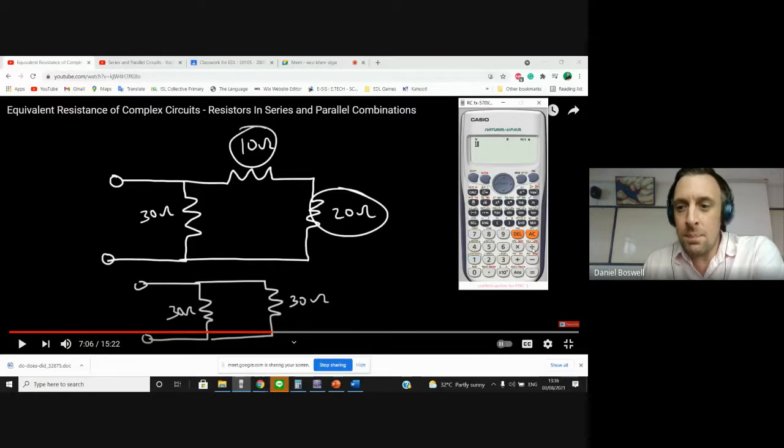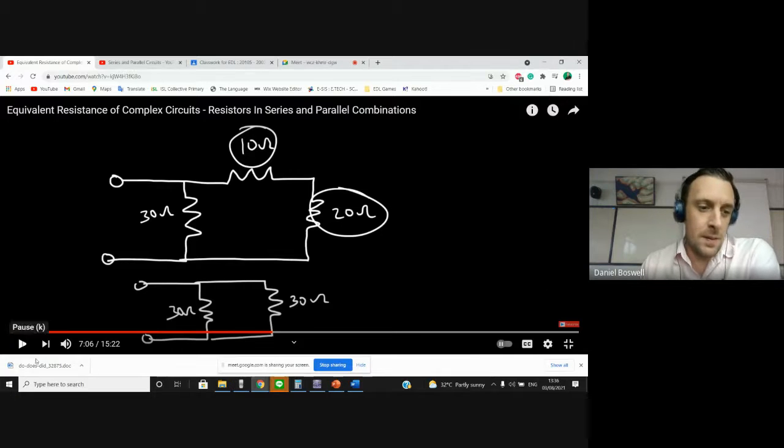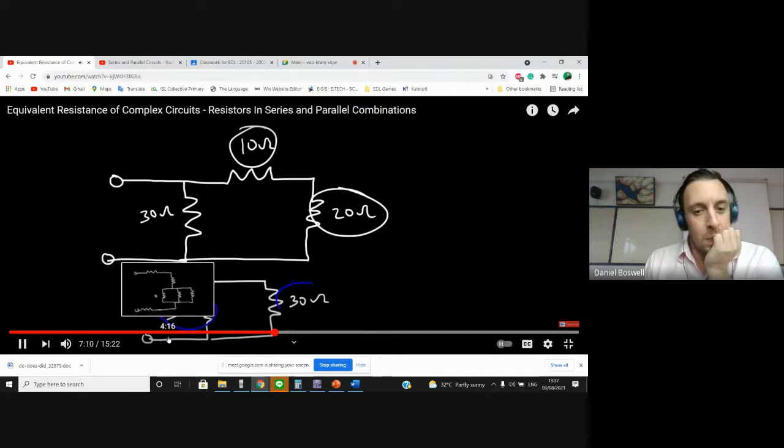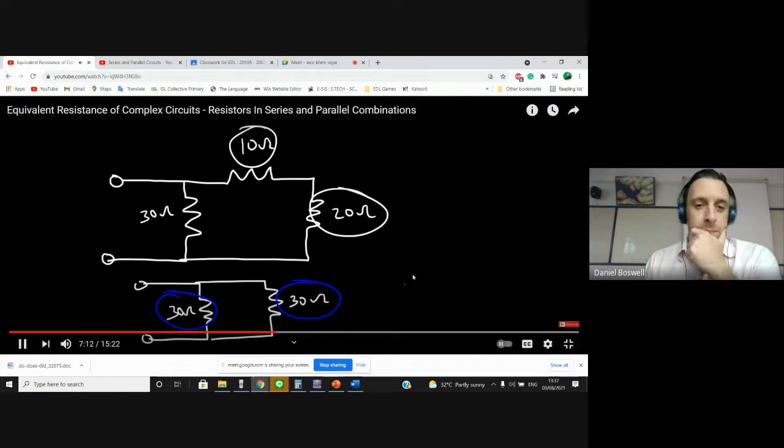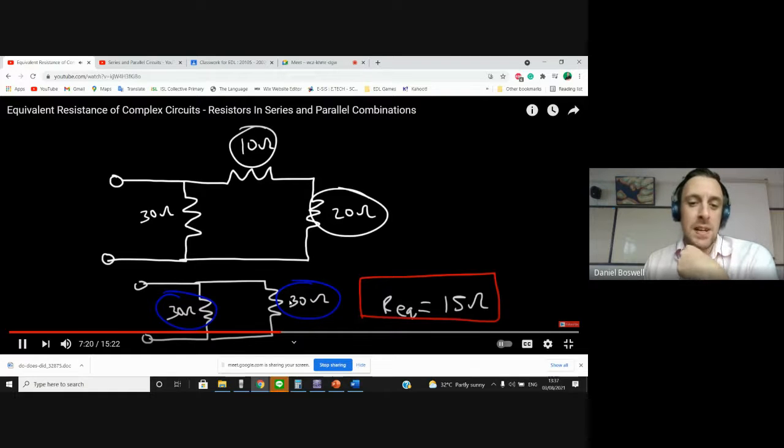So 1 divided by 30 plus 1 divided by 30, close bracket, to the negative of 1, is 15. There we go. Half of 30 is 15 because they're the same equivalent.